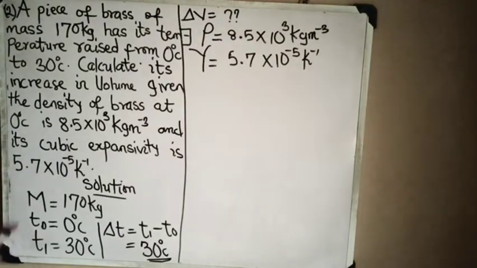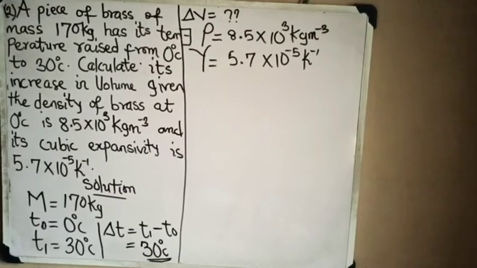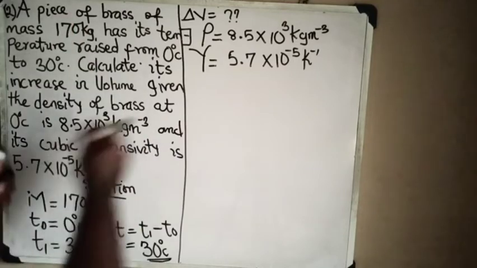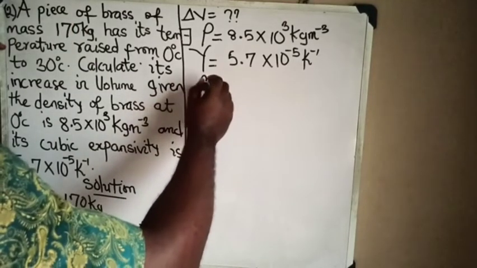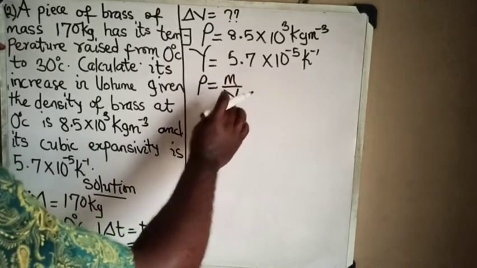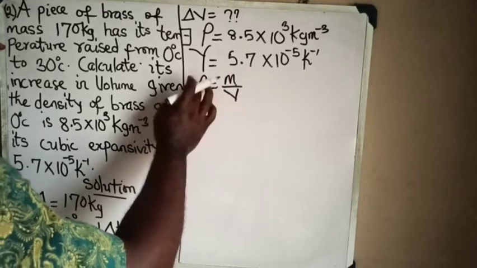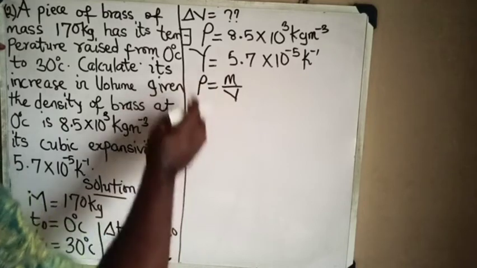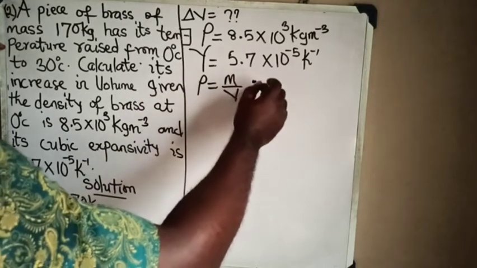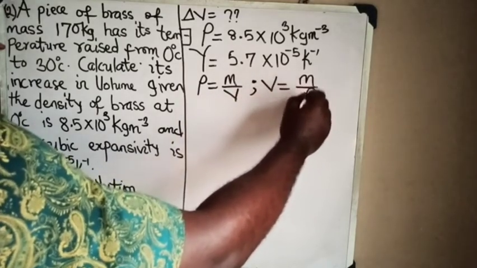But also we were given the mass and we were given the density of the brass, and there is a relationship between volume, mass, and density. The density of a material is always the mass over the volume. So from here I can make volume the subject of the formula by interchanging its position with the density, and that gives me volume equals mass over density.